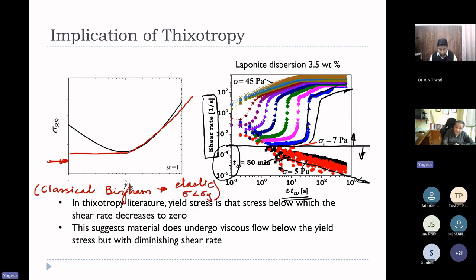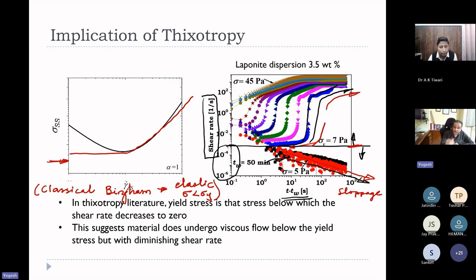However, this material did show finite shear rate below a certain threshold, which eventually leads to stoppage of flow. But above a certain threshold stress, the shear rate continuously kept on increasing, leading to continuous flow.